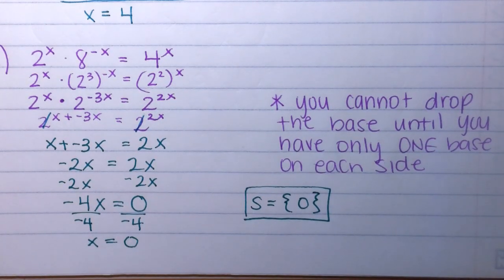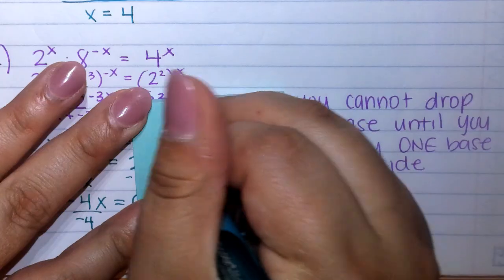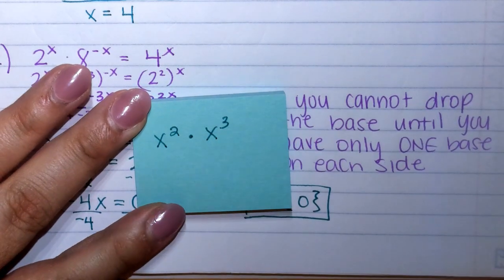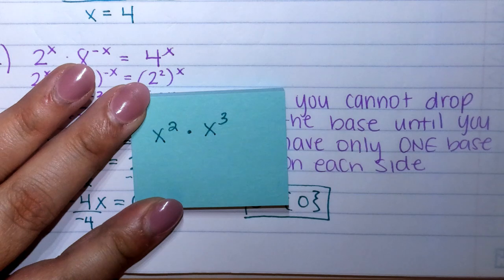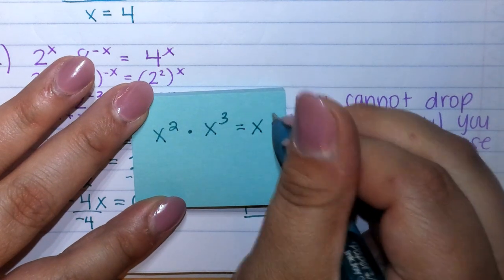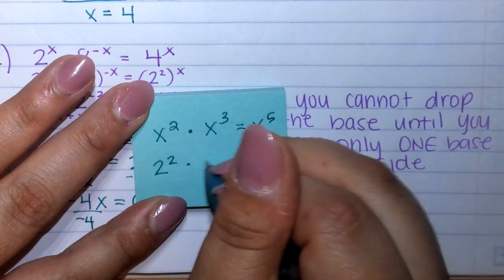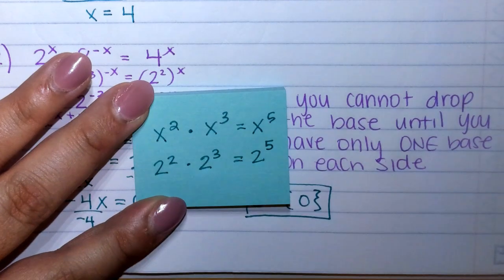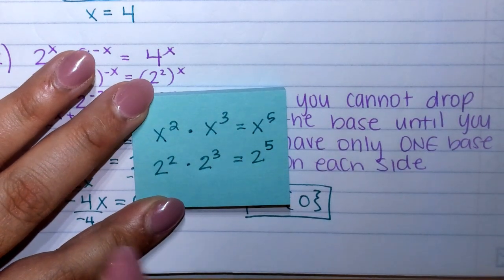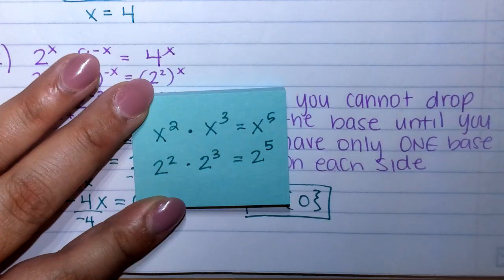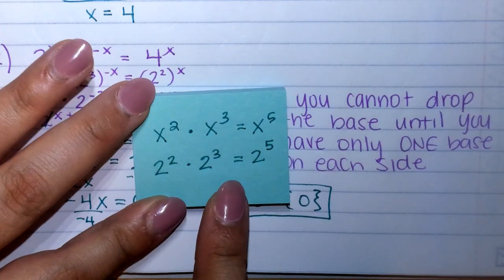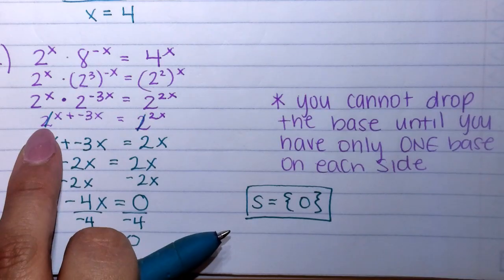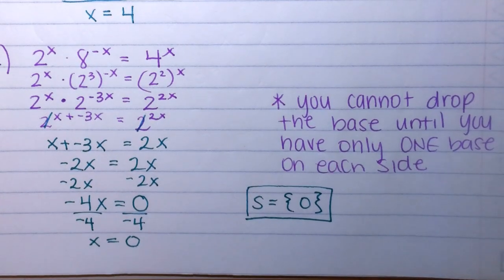Because if I gave you x squared times x cubed, what is that going to be? X to the 5th. So if I give you 2 squared times 2 cubed, what's that going to give me? 2 to the 5th. You don't multiply the bases. Bases stay the same and you add the exponents. Does that make sense? Does everybody see why I did not change that 2 right here to a 4? You just add the exponents.